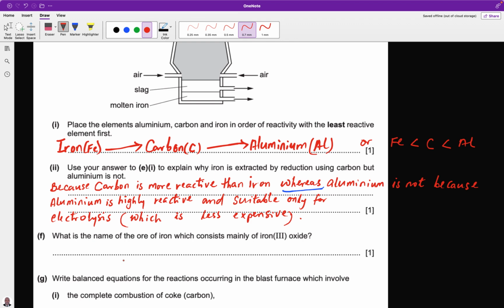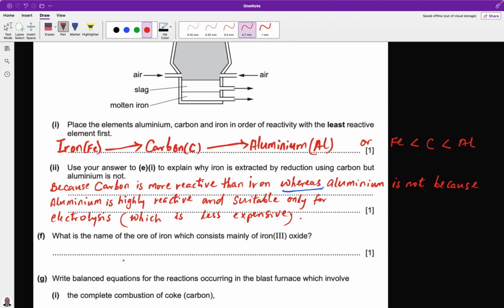So the simple answer for this question is that it is because carbon is more reactive than iron, whereas aluminum is not. Aluminum is highly reactive and suitable only for electrolysis, which is less expensive.